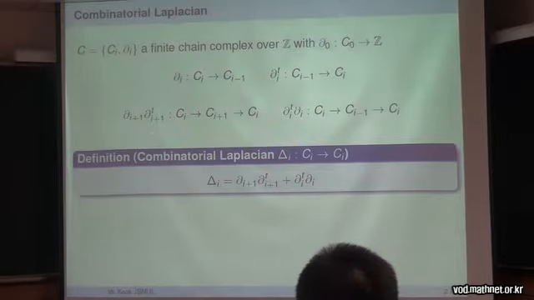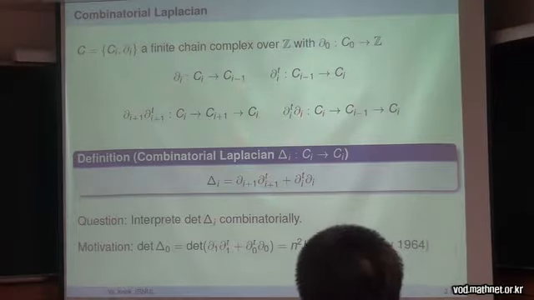The first one is called the up-down operator, and the second one is called the down-up operator. When you combine those two, it's called a combinatorial Laplacian. We'll see why this comes up and how it can be used in place of the usual graph Laplacian in addressing the number of spanning trees, for example.